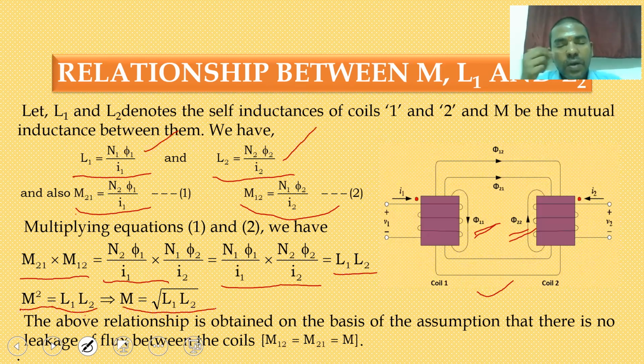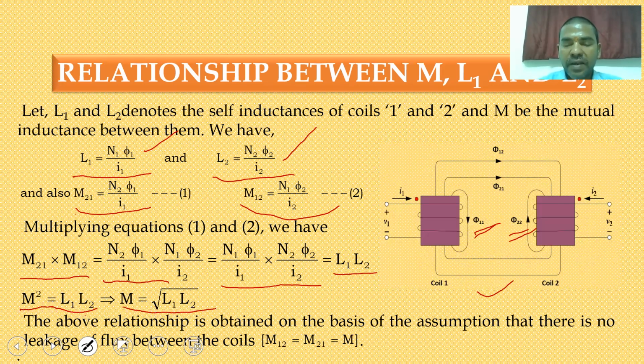There are no leakage currents; it is an ideal condition. Under this ideal condition, the mutual values with respect to the first side or the second side must be the same. M12 must be equal to M21, which is M. So under this condition, M is root of L1 L2.